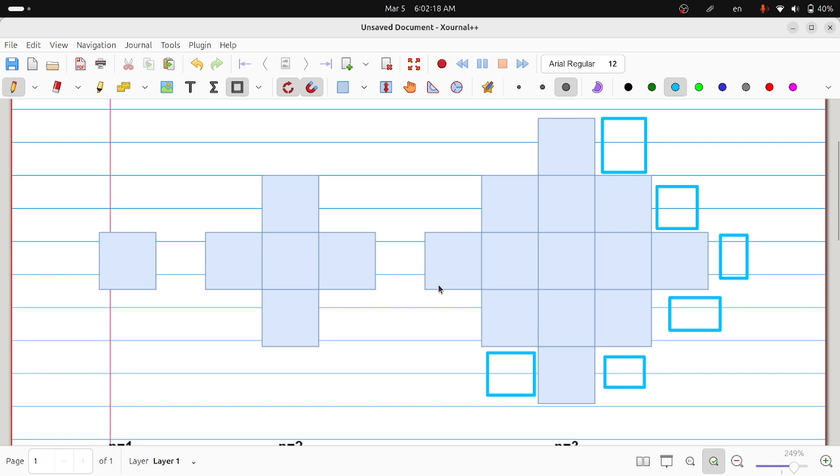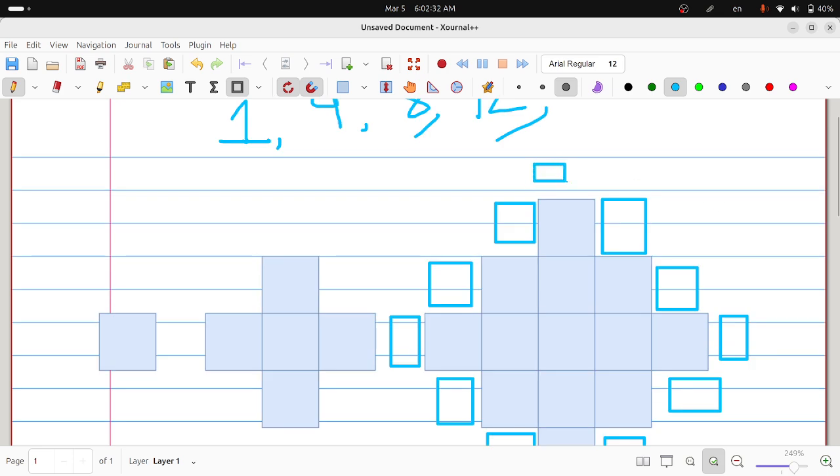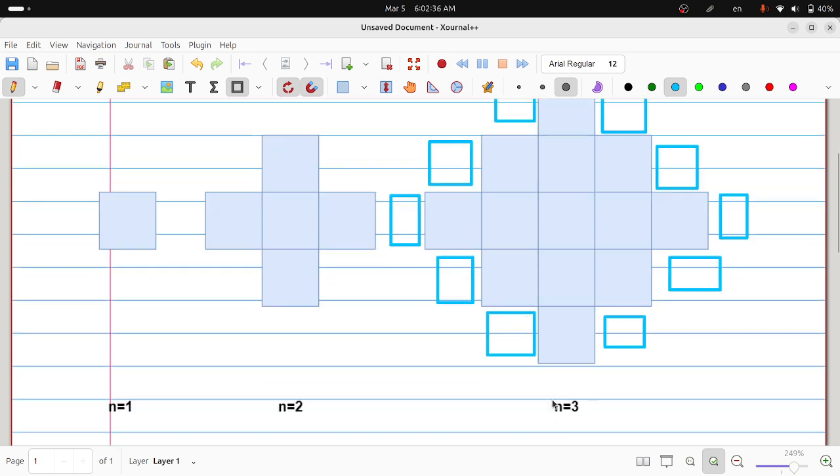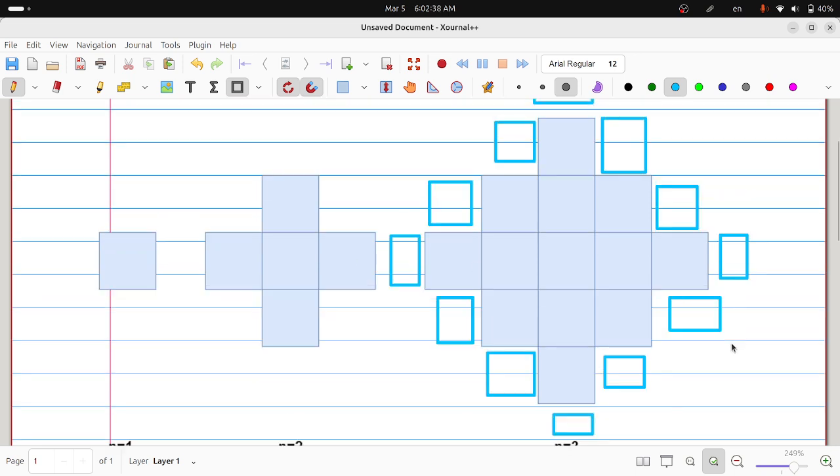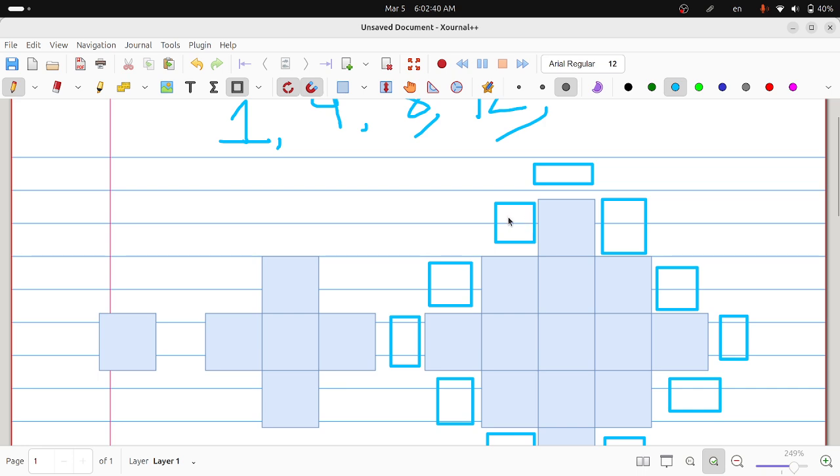So I'm adding 12 more when n equals 4. So here, and one more here. So 3, 6, 9 and 12. So after that, what will I do?